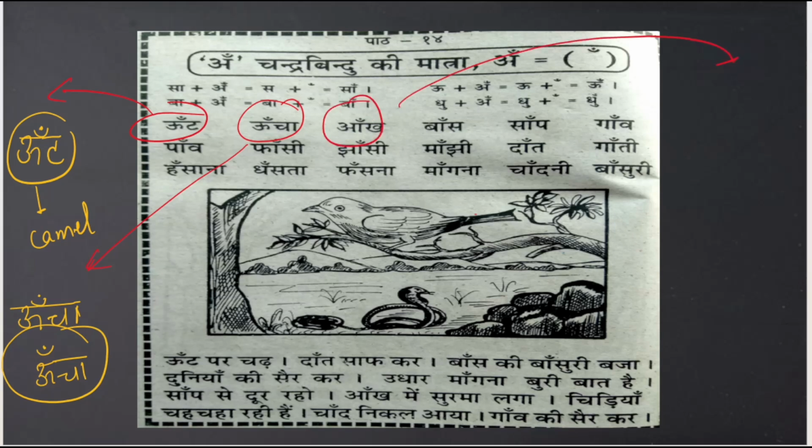This is letter A. This is the matra of A, and this is again the matra of Chandrabindu, and this is letter K. Now it became aankh, which means eye. Without the Chandrabindu the pronunciation would be different, but due to this matra of Chandrabindu, it became aankh.